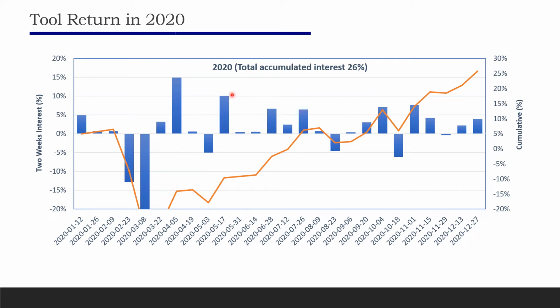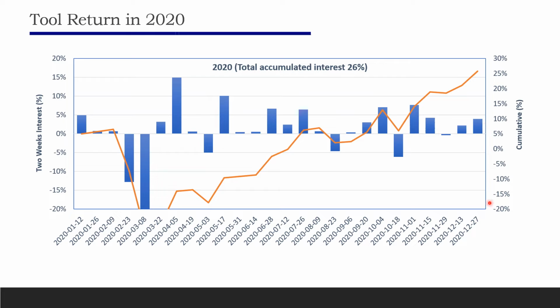2020, as you know, at the beginning of the year, we had a sharp drop in the market due to the pandemic. But it somehow recovered by the end of the year, and it was not a really bad year for trading.